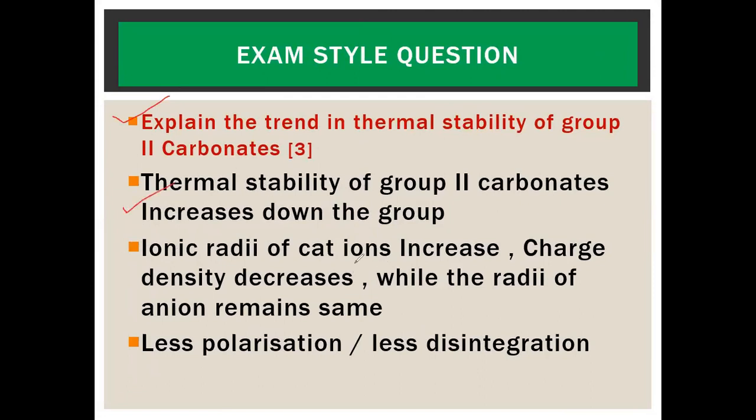Ionic radii of cations increase. Charge density decreases while the radii of anions remain the same. Less polarization, less disintegration. Three points, 3 marks. Make sure that you are understanding each and every point, please. Make 100% sure.